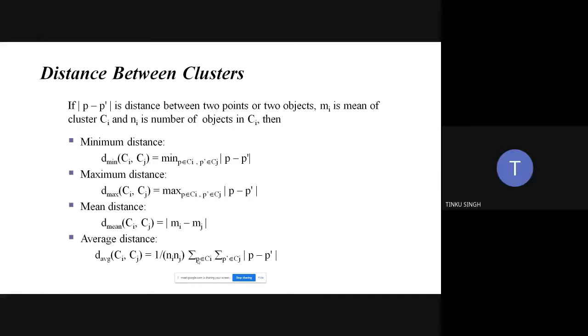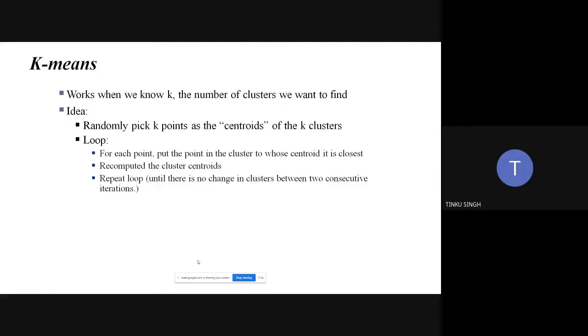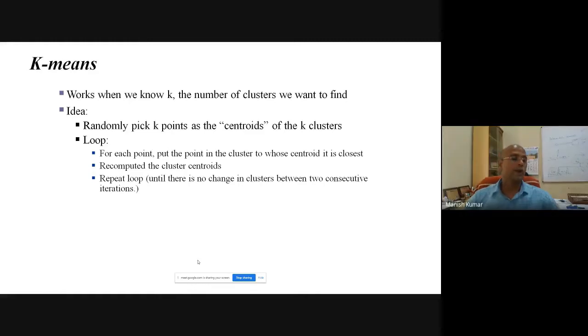There is another question: how to identify the number of clusters? Certainly, there are a few algorithms where we specify the number of clusters, like in the k-means algorithm, where we specify what number of clusters we want. So it is user-defined, but not necessarily in other clustering algorithms.